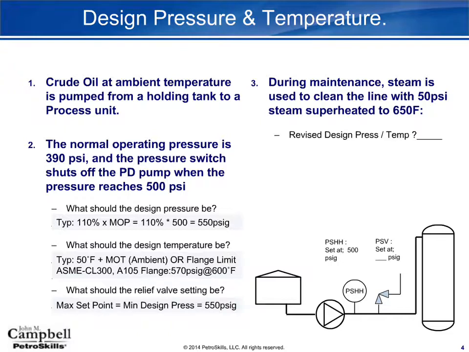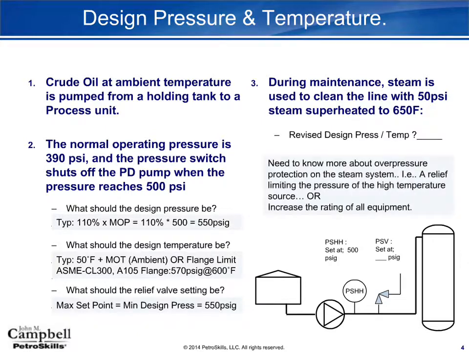That would be a question that we'd have to ask and work out the issues associated with that. But also, is there some relief system that would limit that steam pressure coming in and therefore would be able to regulate to a lower design pressure and keep within that flange rating?